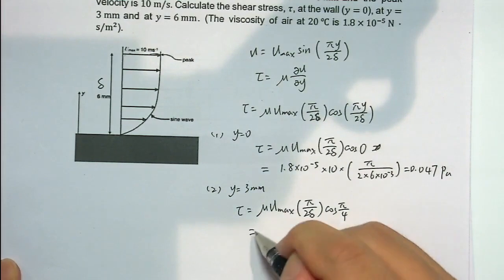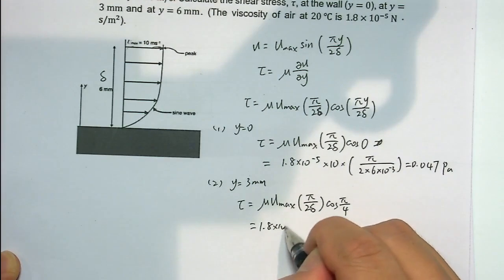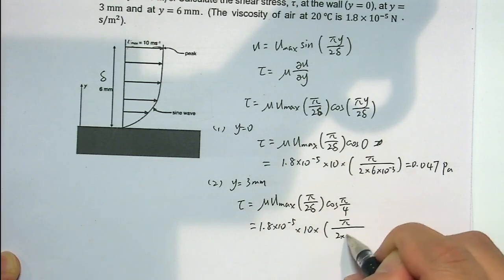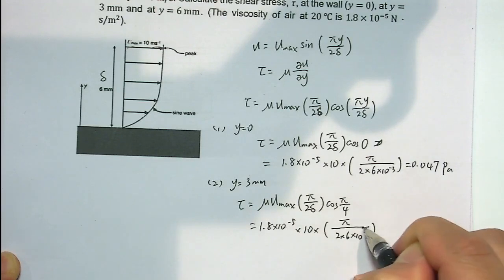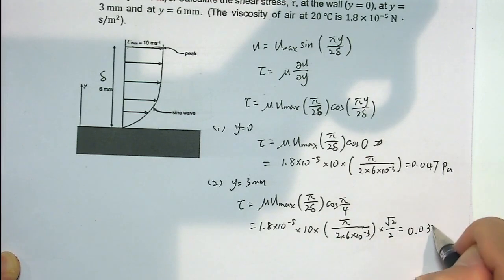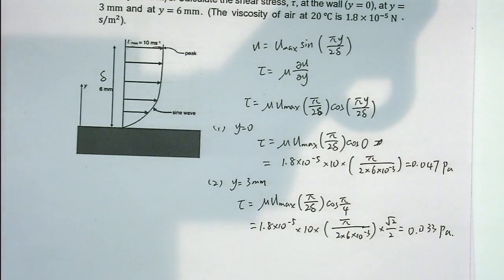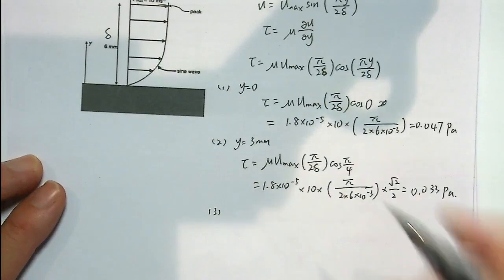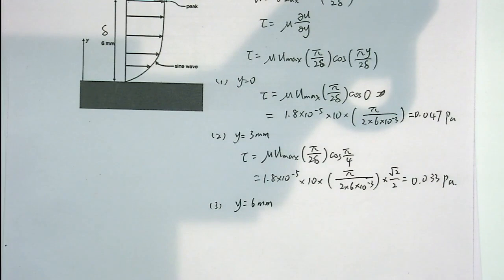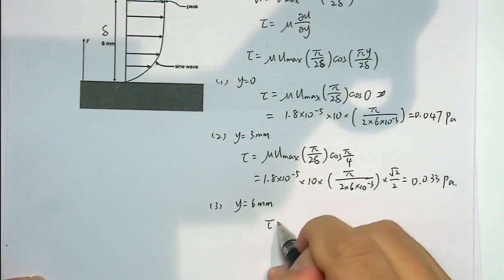So which is 1.8 multiplied by 10 multiplied by pi over 2, and so on. And then for y equal to 6, the term in the cosine is pi over 2, so cosine is 0. So we got tau equal to 0.